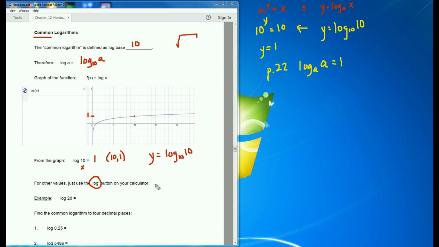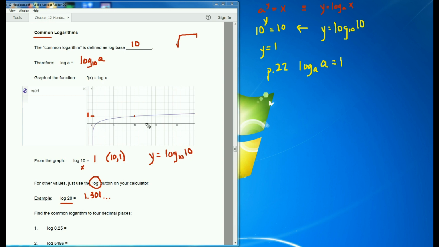It probably says exactly that, just log, and again, that means log base 10. So go ahead and try to calculate log of 20. You should get something like 1.301. I'm just going to round off to 3 decimal places. The number continues after that.